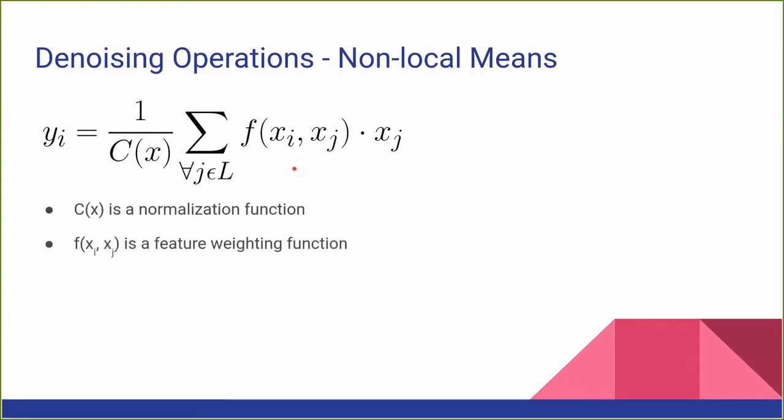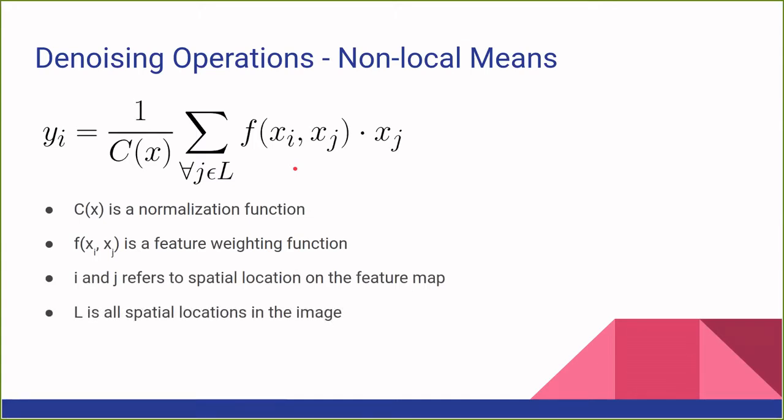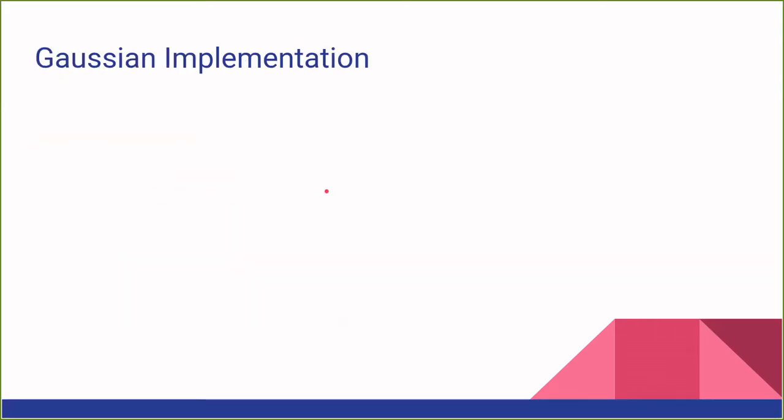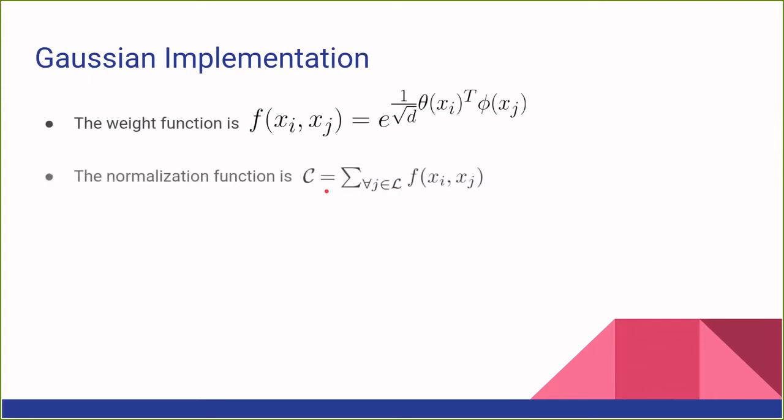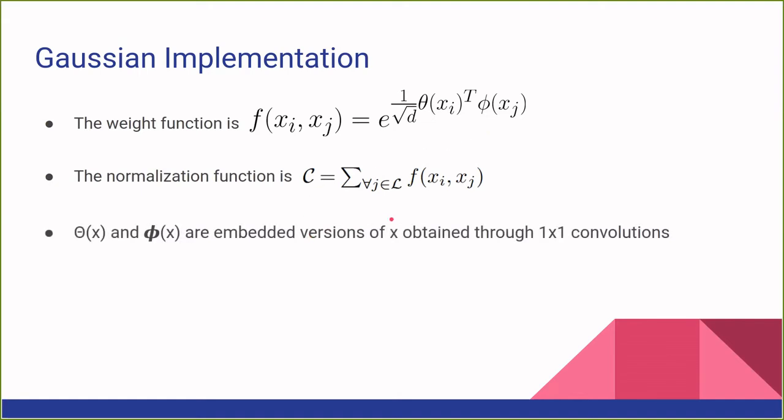For the non-local mean, C(x) is a normalization function, while f is a feature weighting function. i and j refer to spatial locations on the feature map, and L refers to all the spatial locations in the image. y_i is the feature map output for that specific location. For the Gaussian implementation, the weight function is equal to this, and the normalization function is equal to the summation of the weight function.